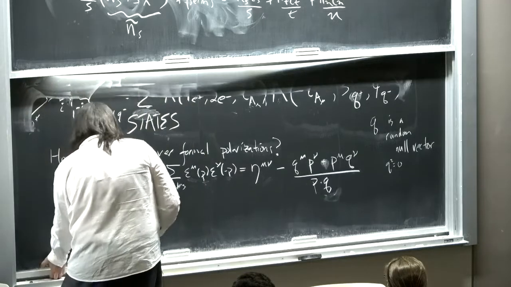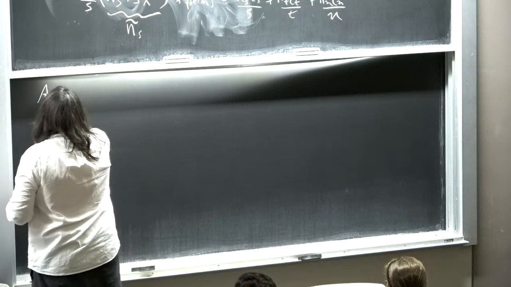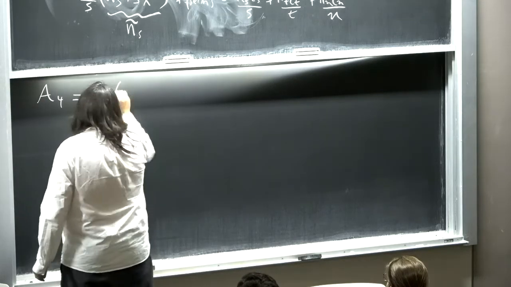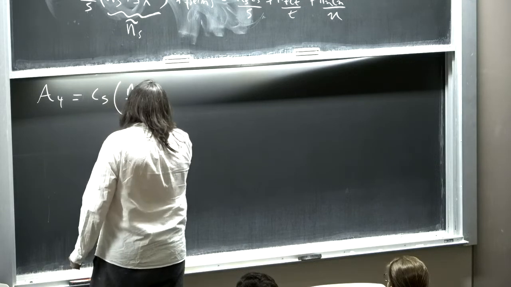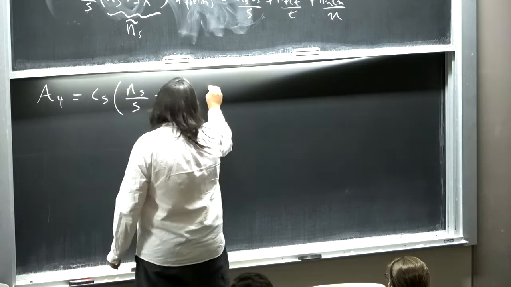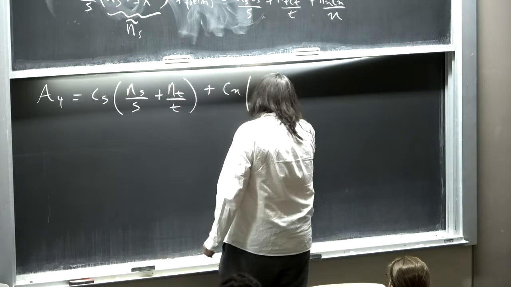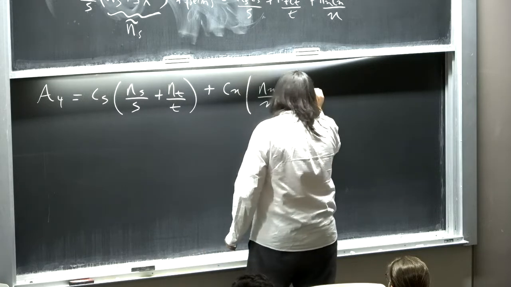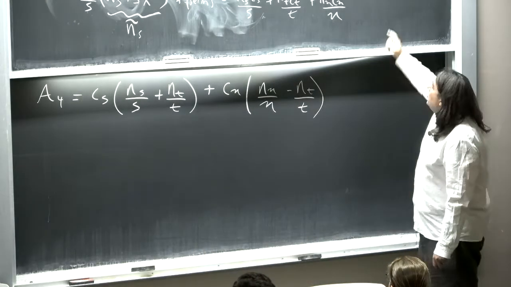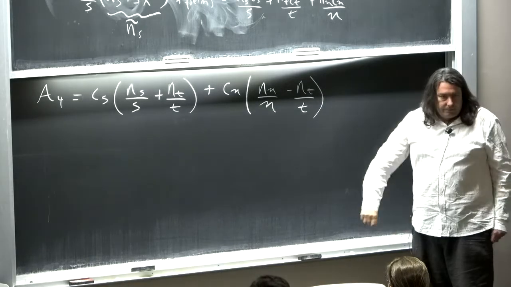Let me just do this. A4 equals CS (NS over S plus NT over T) plus CU (NU over U minus NT over T), plugging in CT equals CS minus CU.